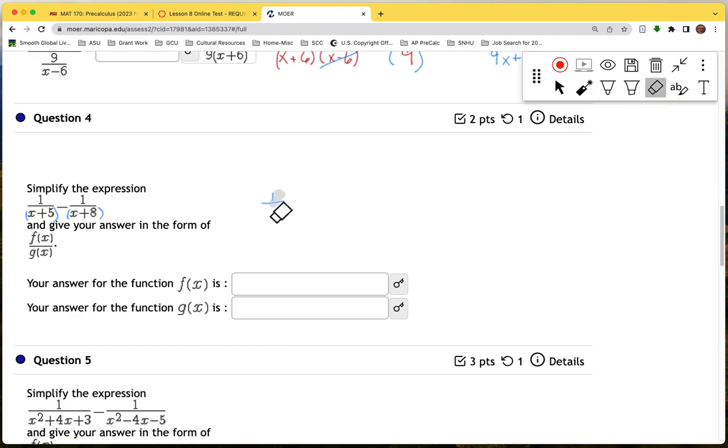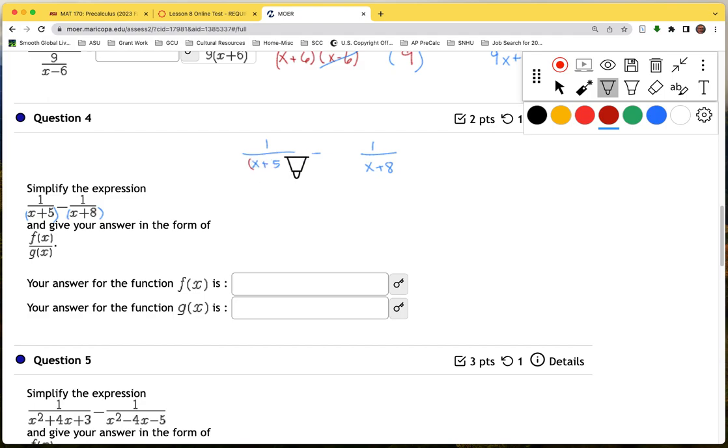Let me move it up, make sure I have enough room. So what we have is 1 over x plus 5, and we're going to subtract 1 over x plus 8. We are going to multiply the first one. We'll put a parentheses there. X plus 8 and x plus 8 here.